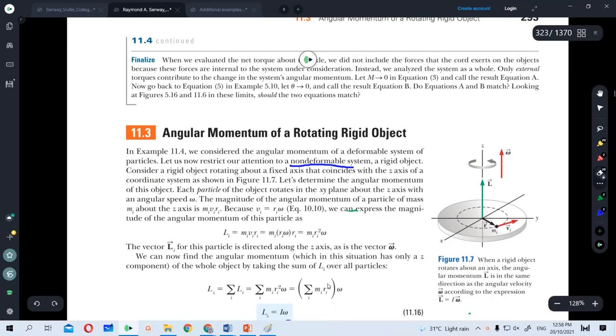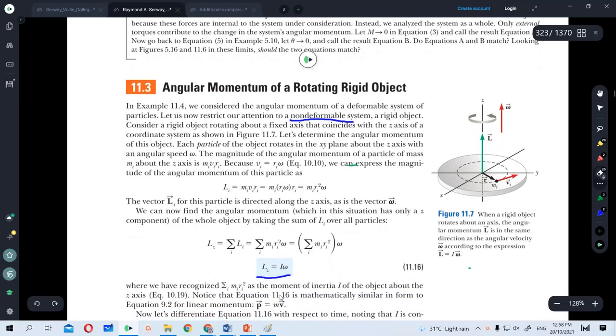Now let's revisit the idea of angular momentum. The calculation should be I times omega, which is mr squared, and you should find that it can be expressed by this version, I omega. How do we arrive at this conclusion? We find that v is equivalent to R omega.